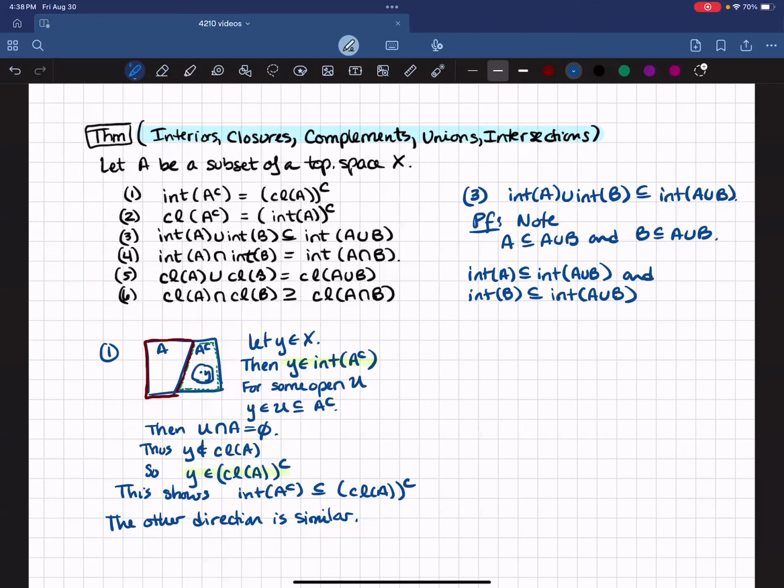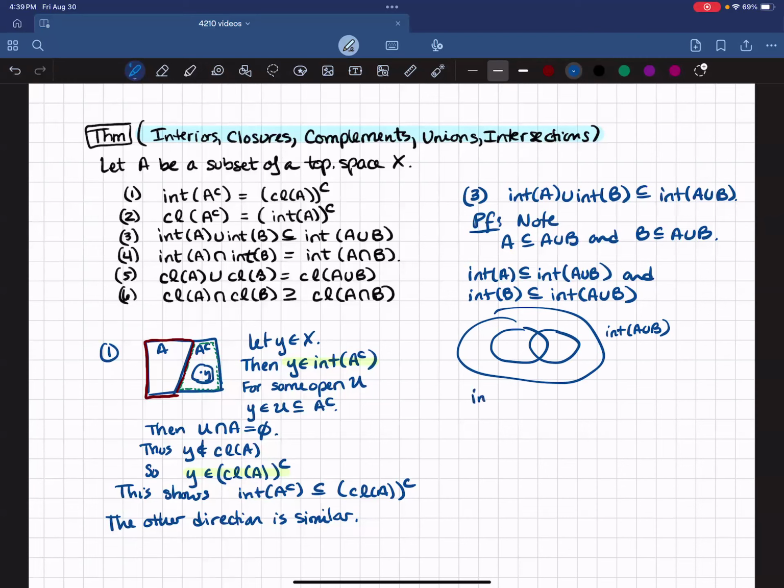So I can take those two facts and apply the interior operator to both sides. And I know from a previous theorem that it will preserve the subset relationship. So now I have two sets on the left that are both subsets of some other set, the big set, which is the interior of A union B. Well, I can just union those two sets and it'll still be contained in the third set.